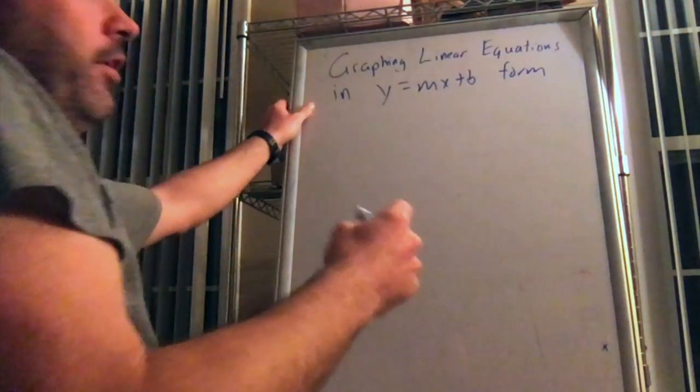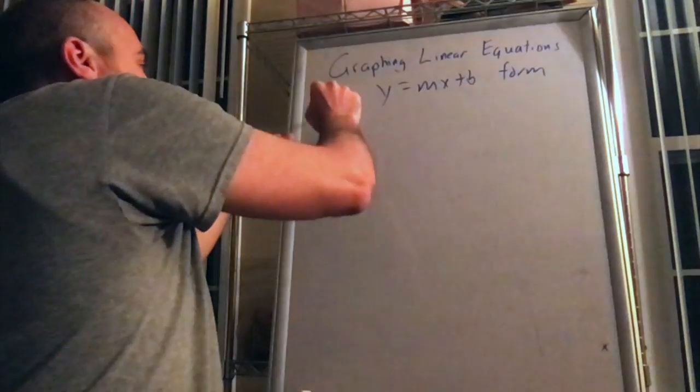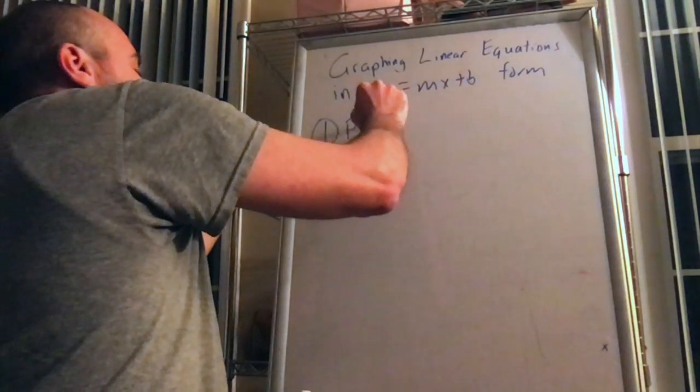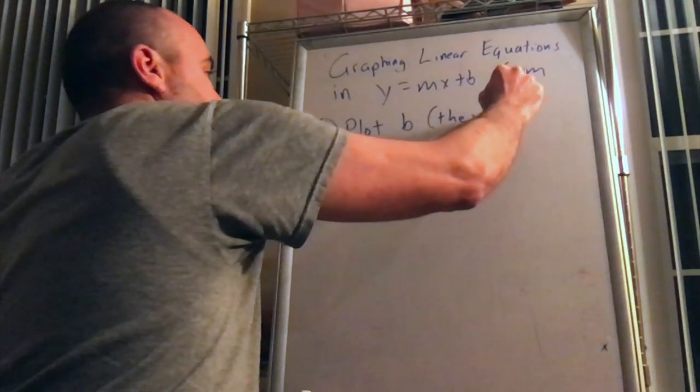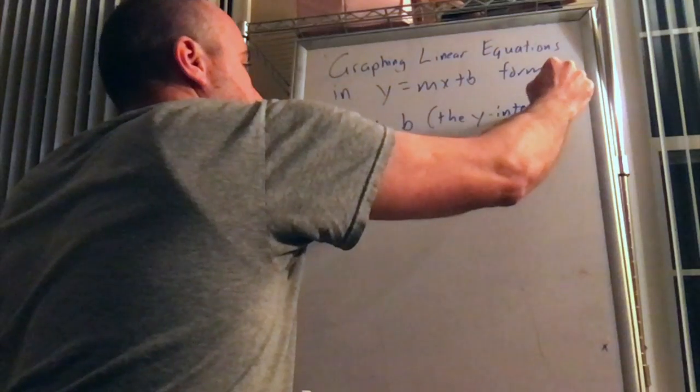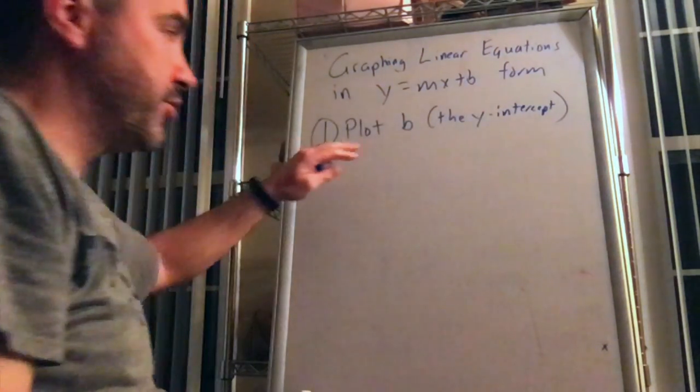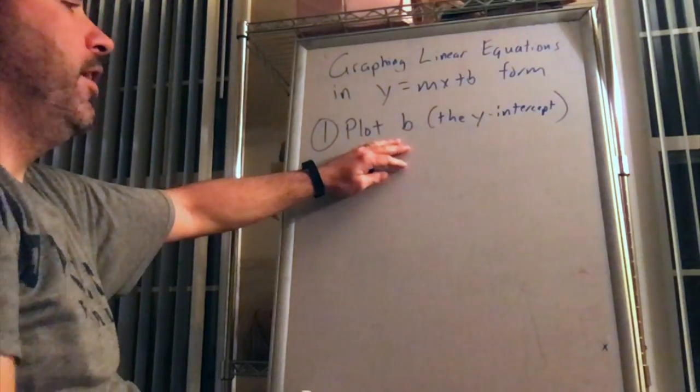So there's kind of steps here. Step 1, plot b, the y-intercept. All right, so we plot b, the y-intercept.